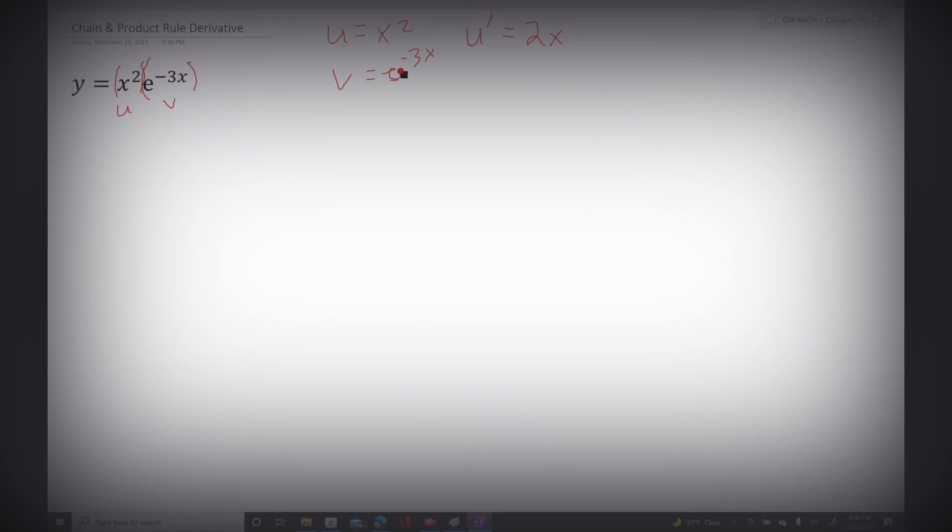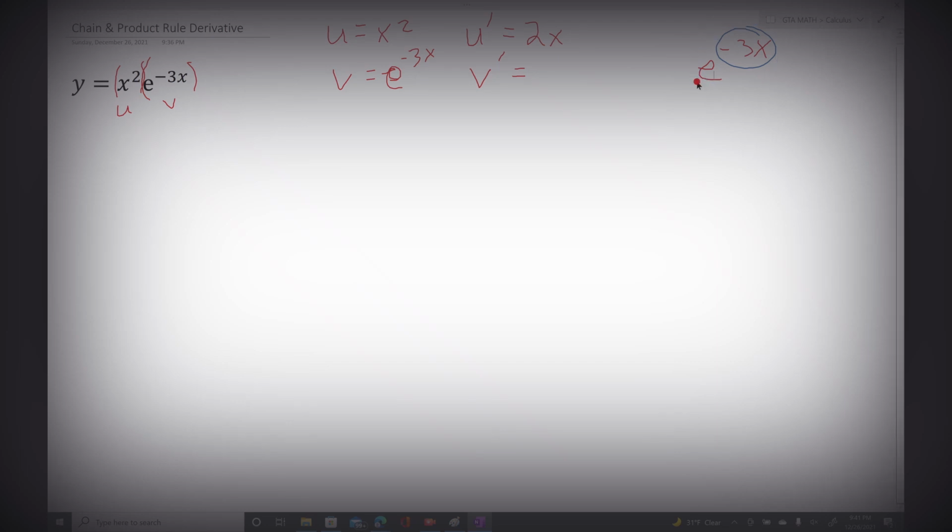So when we take the derivative of something that's e to the x and there's a coefficient in front, really what we're doing is saying, okay, there's e to the negative 3x. We're going to take the derivative of this, and then we're going to bring it to the front. And then we're going to leave all of this the same.